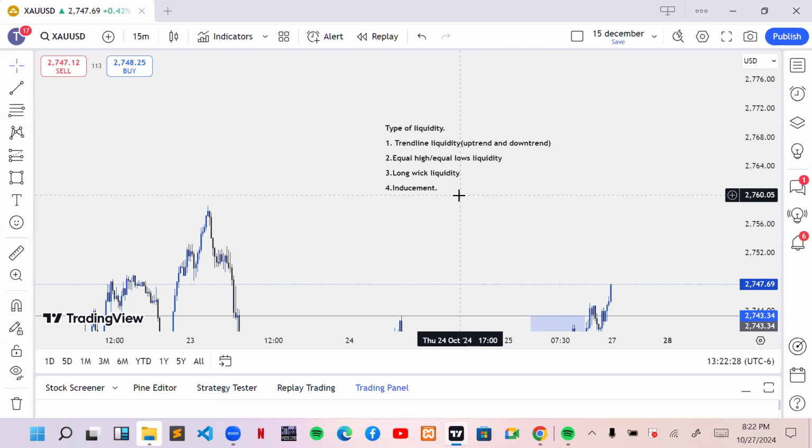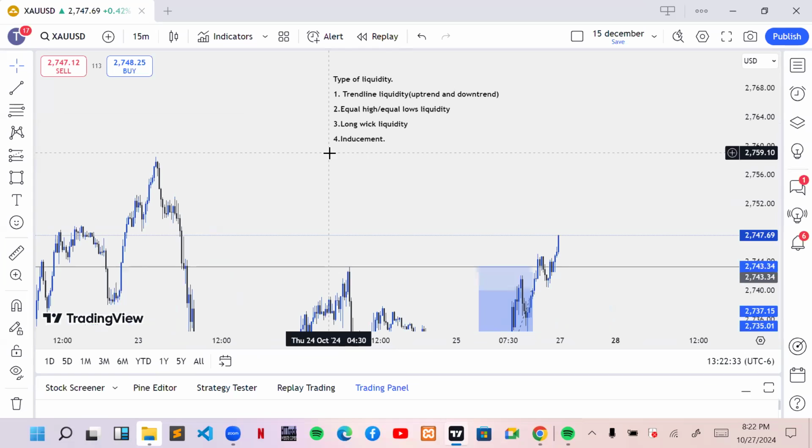So how do you now take profits using these kinds of liquidity? For every movement the market does, there's a particular pattern the market follows to approach any kind of fixed point in price.